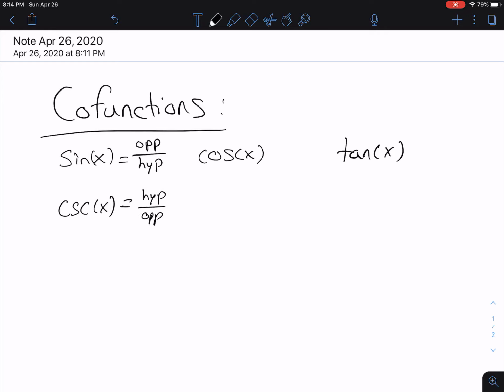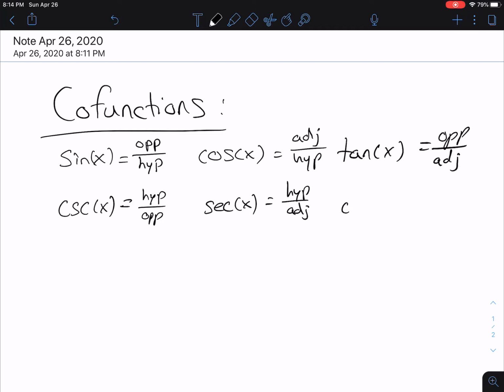For cosine of x, which is normally adjacent over hypotenuse, there's something called secant, which is hypotenuse over adjacent. And then tangent, which is normally opposite over adjacent, has something called cotangent, which is adjacent over the opposite. So there's really 6 trig functions.